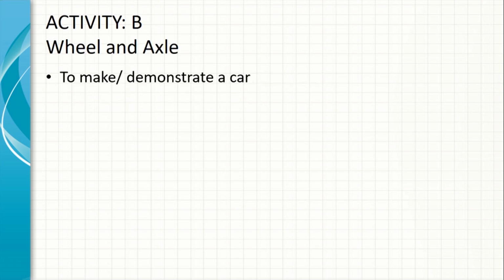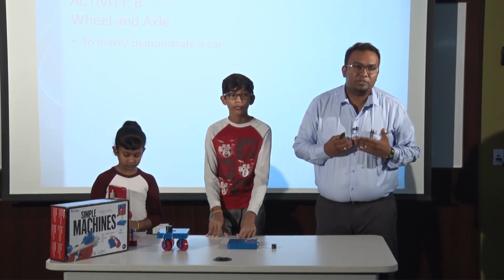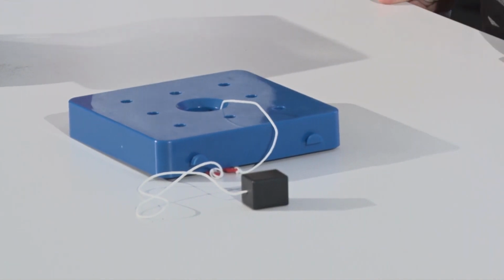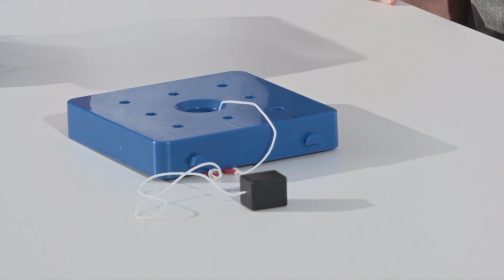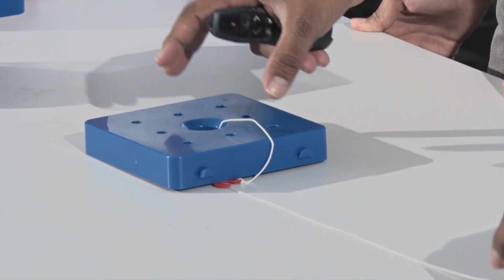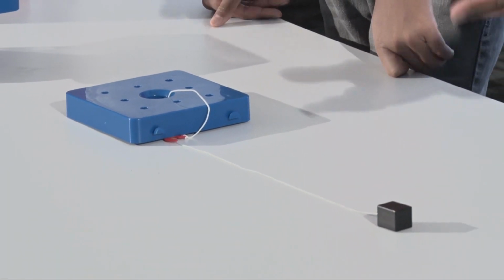So now we would have the wheel and axle. But before we actually demonstrate the wheel and axle, since we are talking about forces, we would like to understand how easy it is when we have machines involved. Before we move on to the wheel and axle, let's see what would happen when we don't have a wheel and axle present. So as it is now, we have the block with a string, and we would need to move this block.